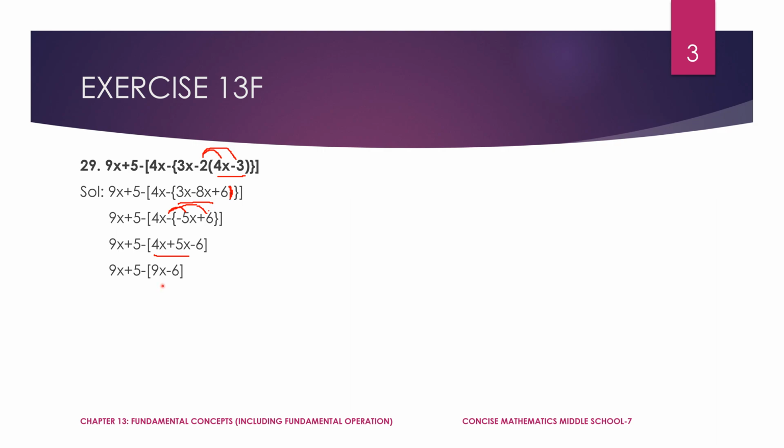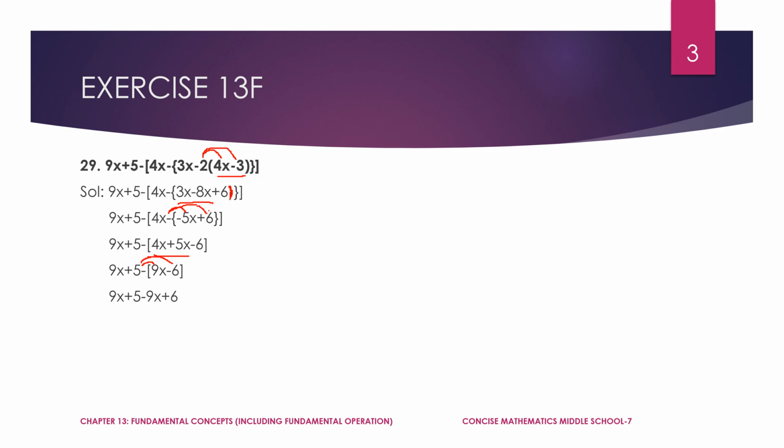Right? Now, even here you cannot solve any more. So multiply with minus the first term and minus the second term. Only the minus should be multiplied, not the 5. It's not minus 5 into 9x. It's 5 minus, so only the minus should be multiplied. 9x plus 5, plus minus into plus is minus 9x, minus into minus is plus 6.